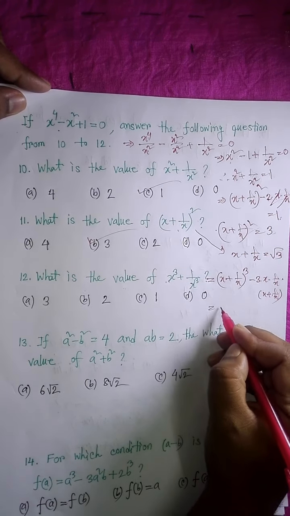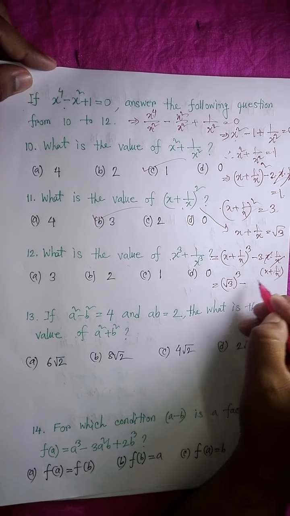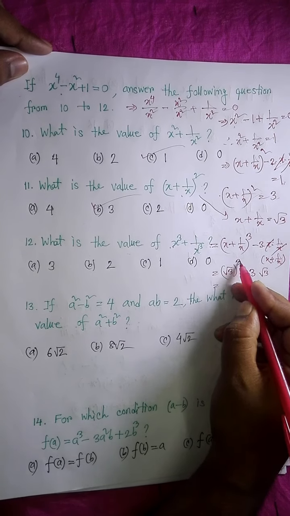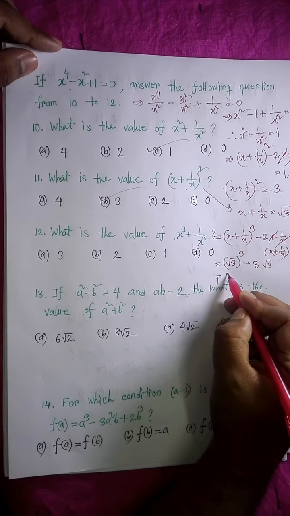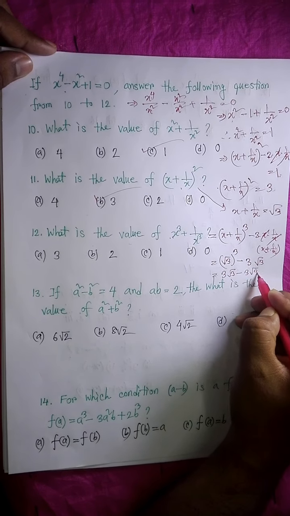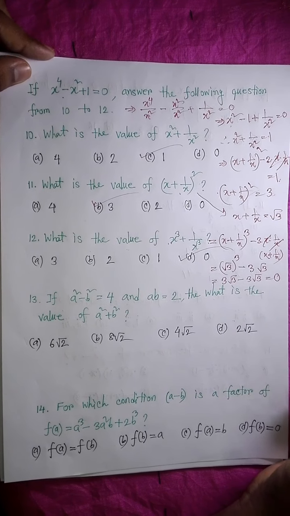By putting this value, we get square root 3 whole cube minus 3 and square root 3. By cubing this, we get 3 square root 3 and minus 3 square root 3. So 0. So our answer is 0.